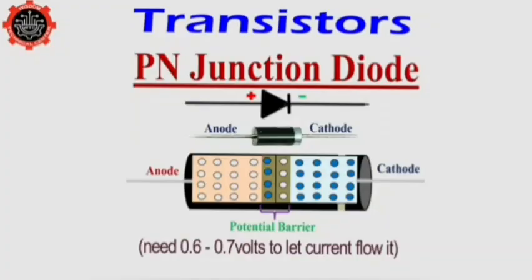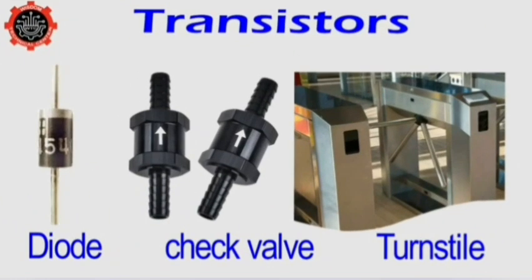So the first real component that was invented in the solid-state form was the diode, the p-n junction diode. The neat thing about the p-n junction diode is that a diode is like a one-way check valve or like a turnstile.